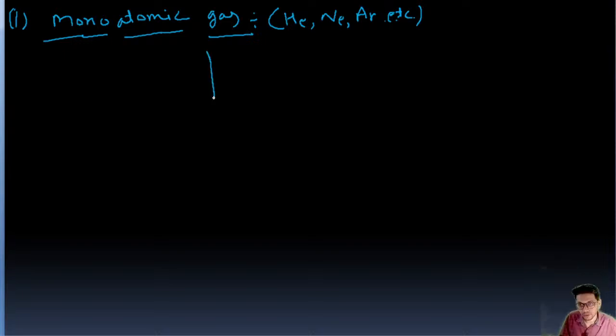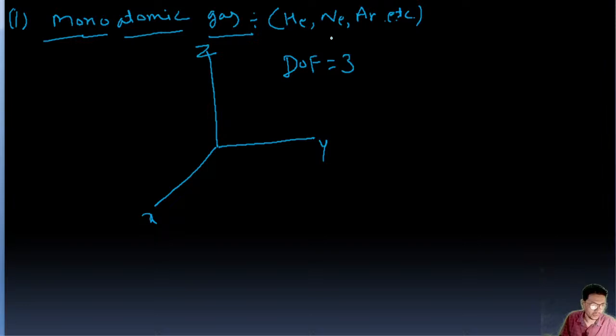Here this is the y-axis, this is the x-axis, and this is the z-axis. For a monoatomic gas in 3D, the degree of freedom F is 3. We need 3 coordinates, x, y, z, to explain the monoatomic gas.